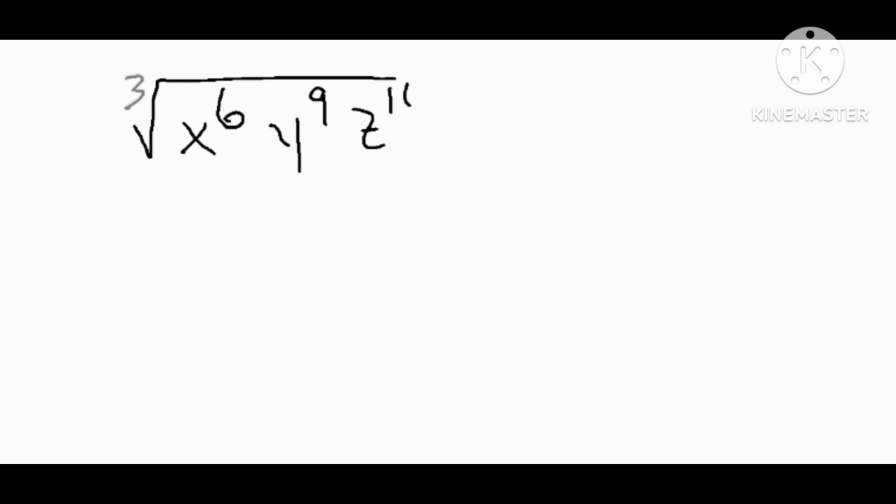Now, what about this problem? What is the cube root of x to the 6, y to the 9, z to the 14? So 6 divided by 3 is 2, 9 divided by 3 is 3, and 3 goes into 14 4 times.